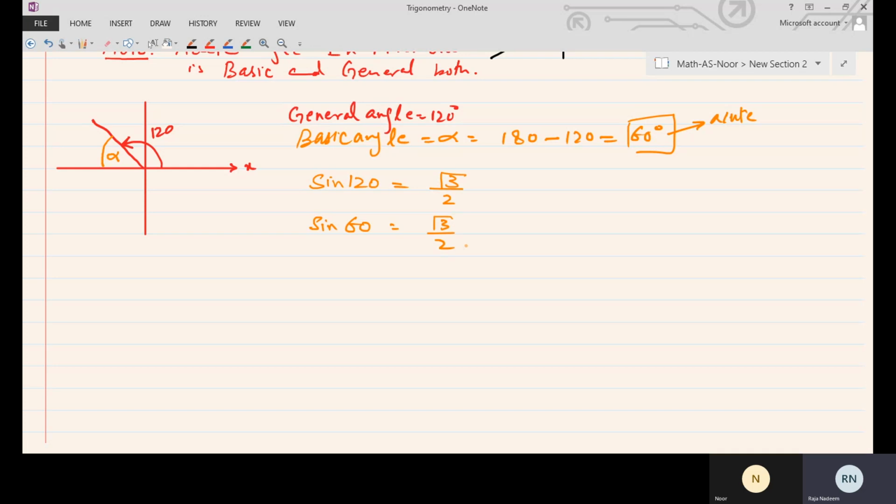Please confirm this answer on your calculator. Did you get the same answer?